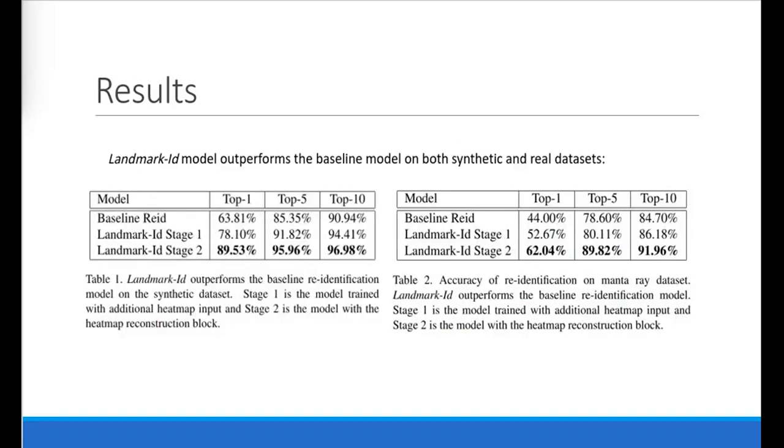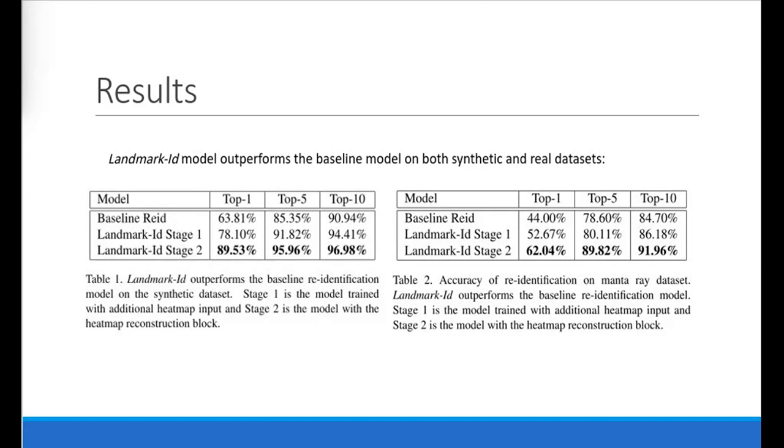Let's look at the results of the experiments. The landmark ID model is trained in two stages. At the first stage, only randomly initialized weights of backbone ResNet50 model are trained. In the second stage, the heat map reconstruction block is trained. Experiments demonstrate that landmark ID model outperforms the baseline model on both synthetic and real datasets.